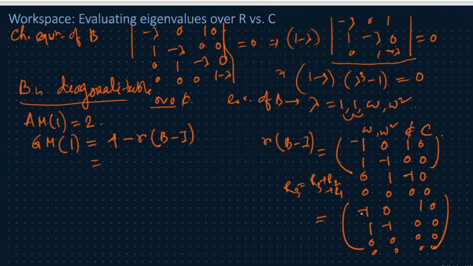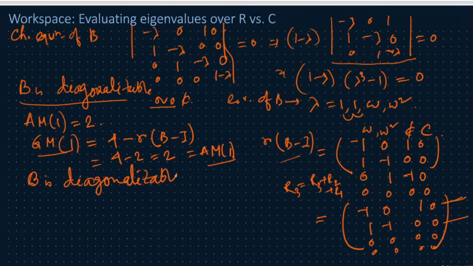Here there are two non-zero rows. Therefore, rank of B minus I is 2, so the geometric multiplicity is 4 minus 2 equals 2. That is the same as the algebraic multiplicity of 1. Therefore, B is diagonalizable over C.